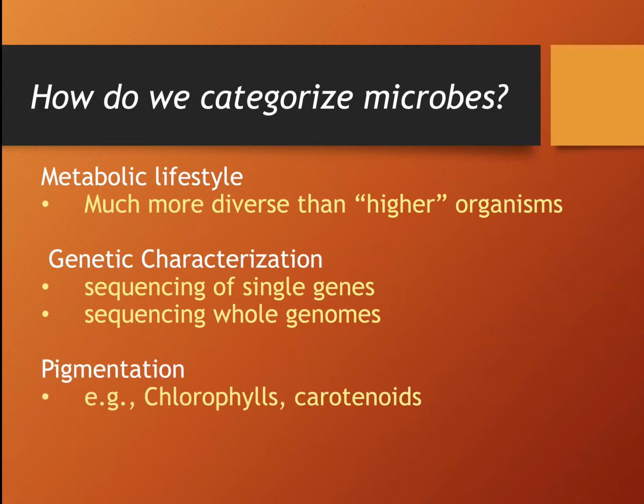Pigmentation can be important, particularly in photosynthetic organisms or others that are pigmented. Things like chlorophyll molecules are well known, but we also have carotenoid molecules. These are the pigments that make leaves look red or yellow after the chlorophyll degrades in the fall, the reddish and orange ones.